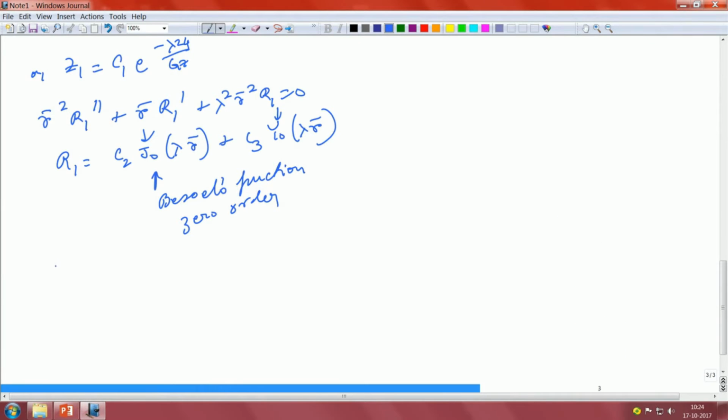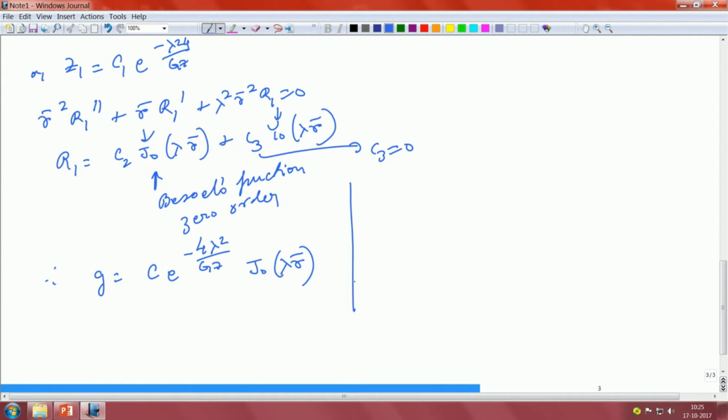So therefore, in this case C3 must be equal to 0. So your total G will now be C exponential minus lambda square by Gz into J naught into lambda r bar, combining the two constants and assuring that C3 is equal to 0.